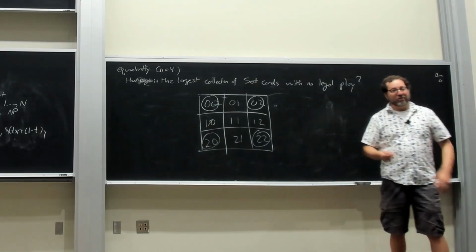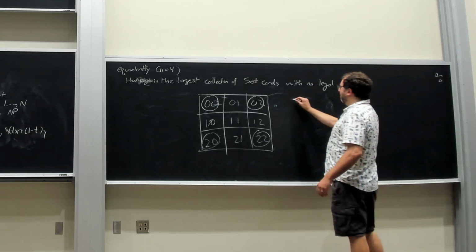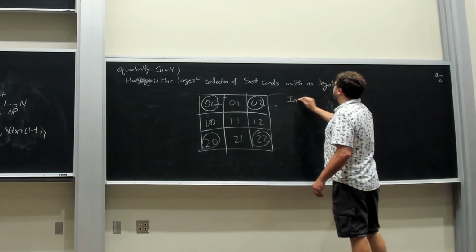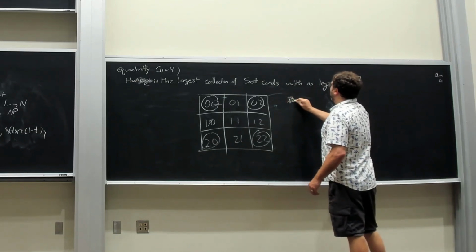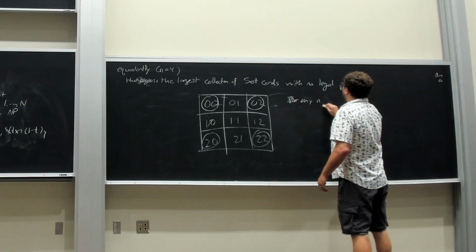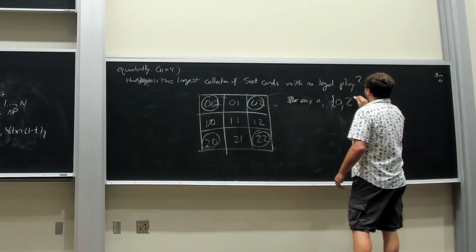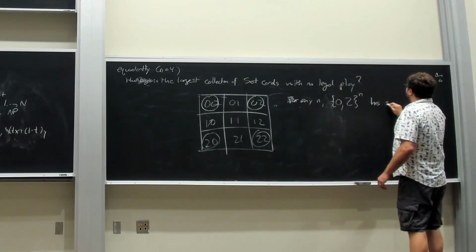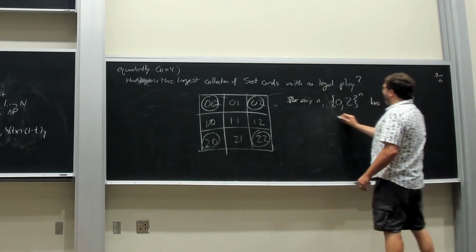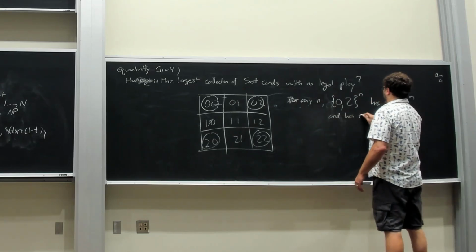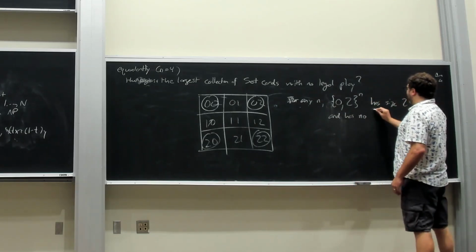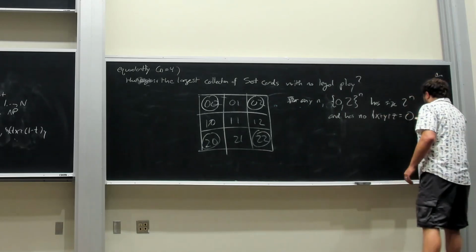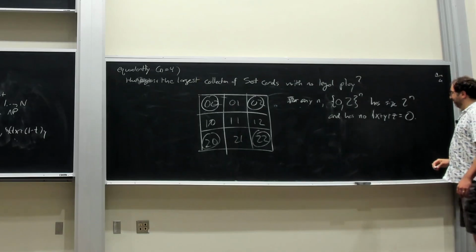I mean, this is an example just in 2 dimensions, but what this tells you is that for any n, I would call it {0, 2}^n, has size 2 to the n, and has no x plus y plus z equals 0.